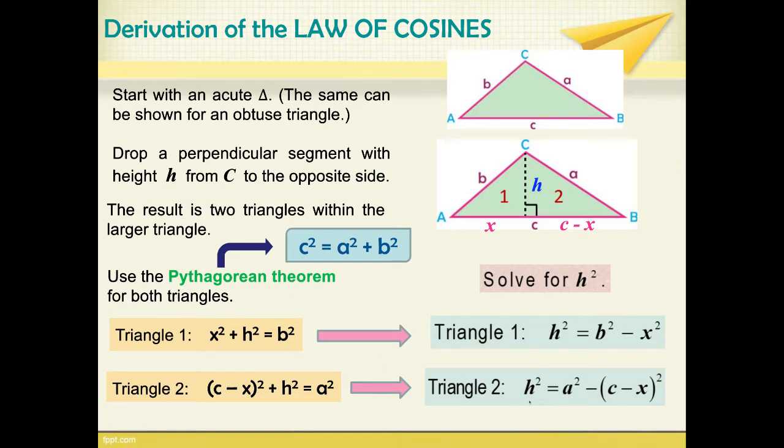So we will have h squared equals a squared minus the quantity c minus x squared.